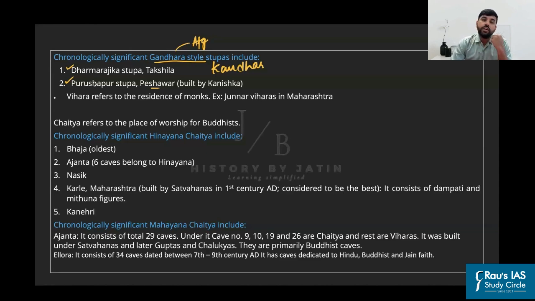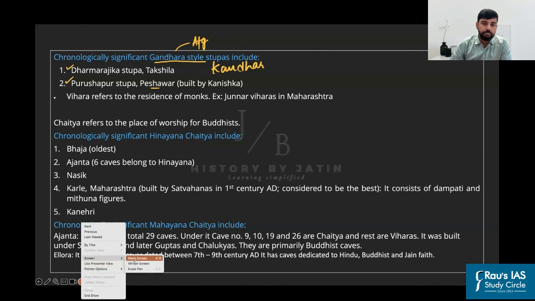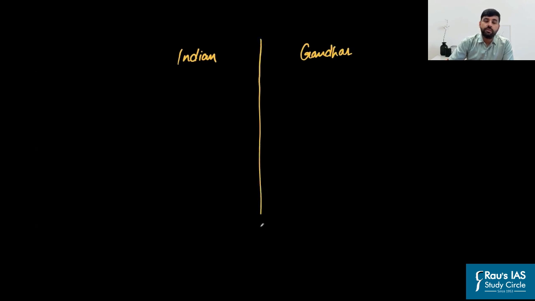Now, when we are saying there are two styles, Gandhar and the Indian style, let me come up with the separation. You can ask this because here also we have external influence. In the Indian style, you have a small mound.